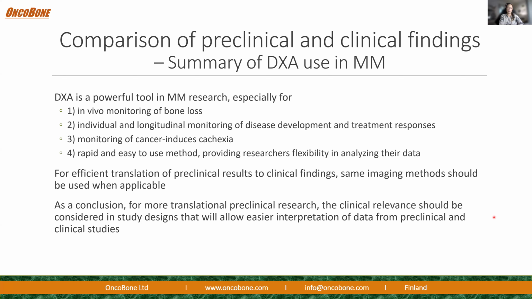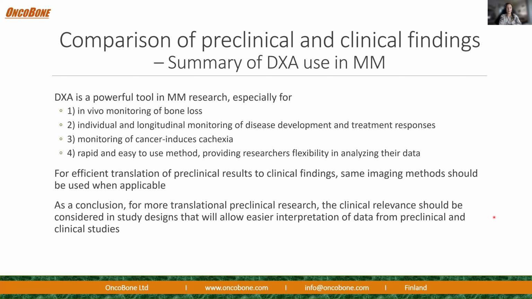For efficient translation, I think it's really important that we are using the same imaging methods as a default in our preclinical studies that are used also in the clinics. Actually, this is something that the FDA, for example, has given a lot of attention nowadays, and that's bringing DEXA in as a really interesting method for different indications where bone is important besides the classical osteoporosis studies.